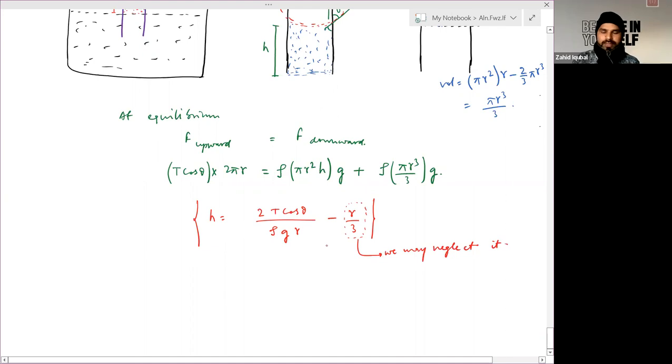But in actual, the actual rise of level of liquid will be about this much. Is it clear?